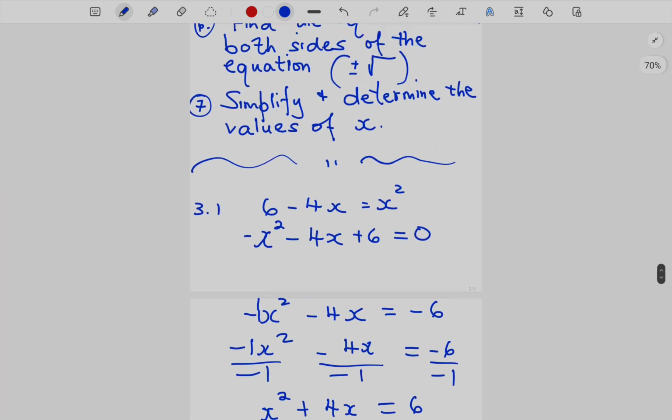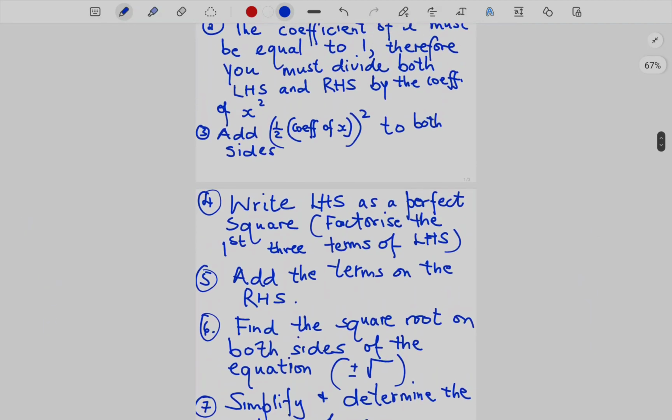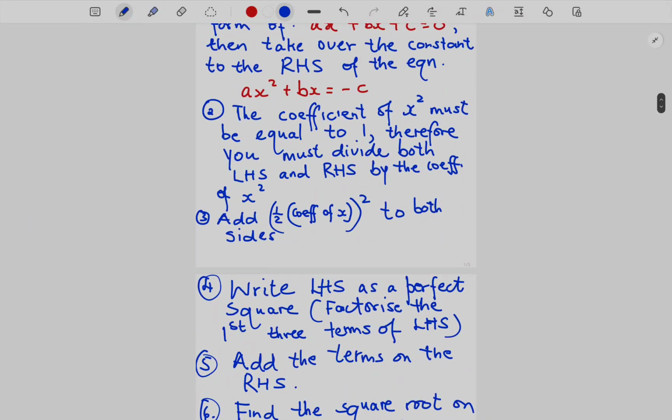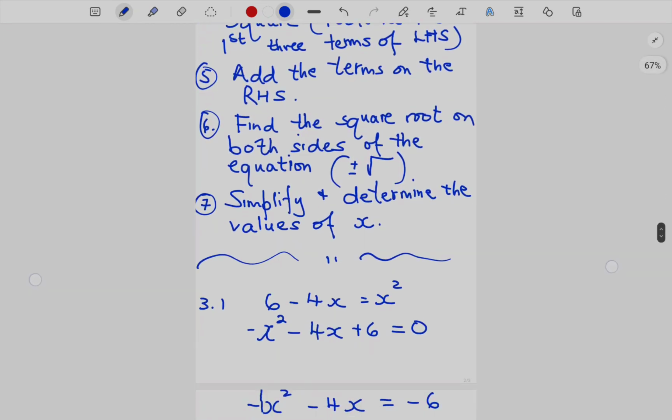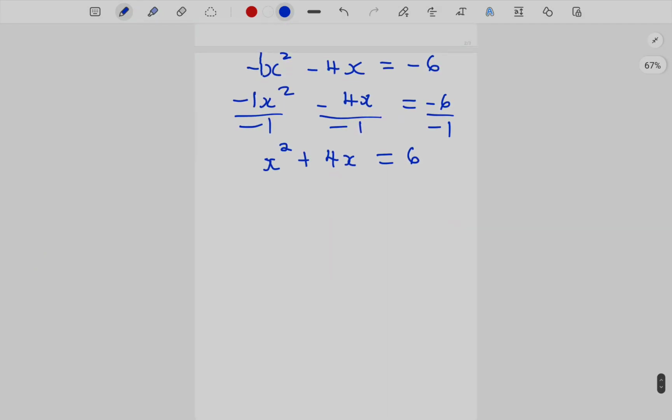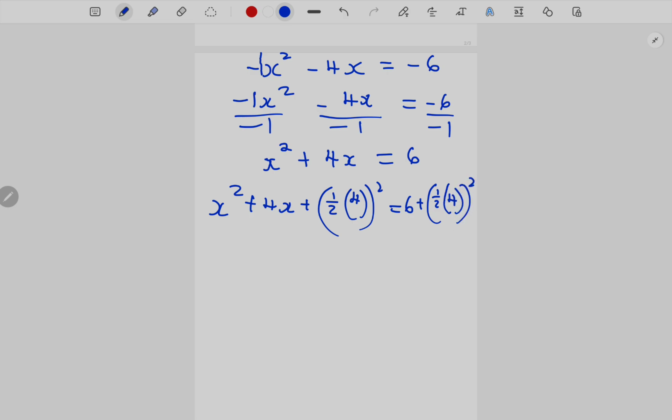Then let's see what is the next step. The next step says add half of the coefficient of x, all squared, to both sides. The coefficient of x here is 4, so it's going to be x squared plus 4x plus, bracket, half of positive 4, all squared, is equal to 6 plus half of positive 4, all squared. Then we are going to simplify that.